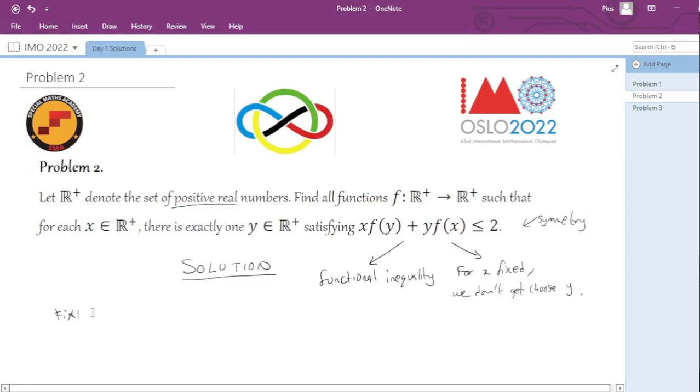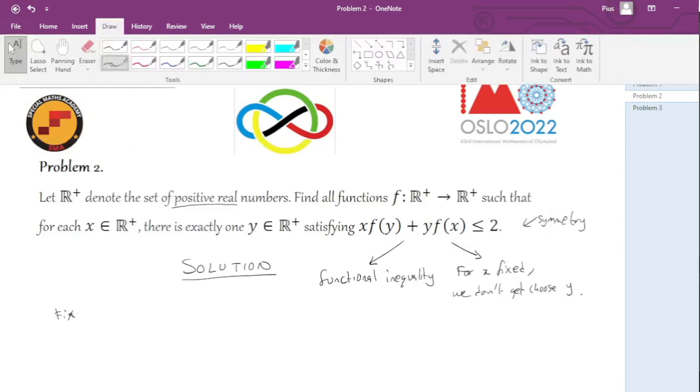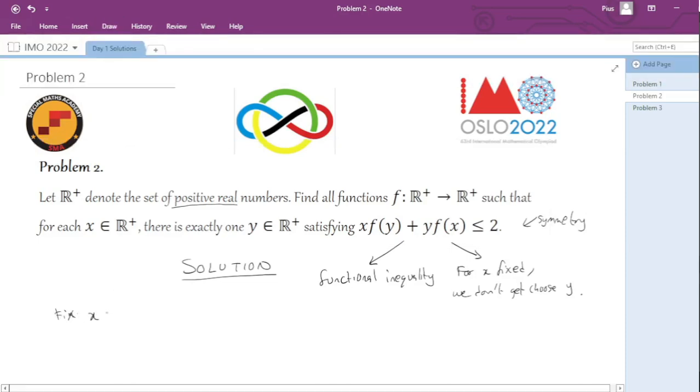Now, first of all, let's fix x. So x is a positive real number. Then we see that there is a unique y that satisfies this equation, so a unique y that works.